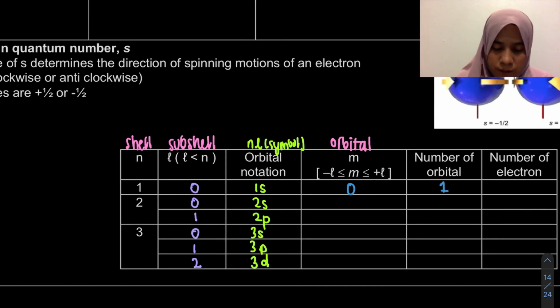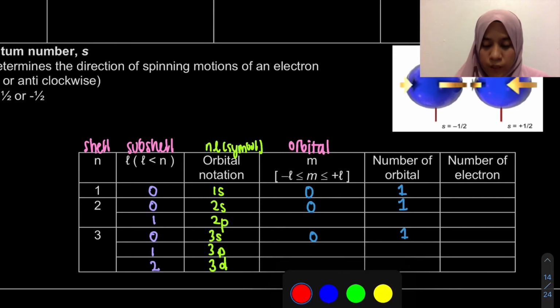So we look here again: this does not depend on N, it depends on L only. So even though N equals 2, L is 0, so it is still the same, M is 0, and the number of orbitals is 1. Also for this 0, 3S. So the orbital depends on L only. Again, your M only depends on your L. If it is 0, it is only 0. For an S orbital, there is only one possibility.